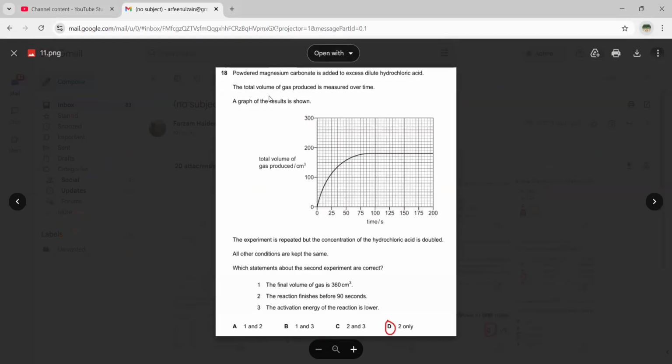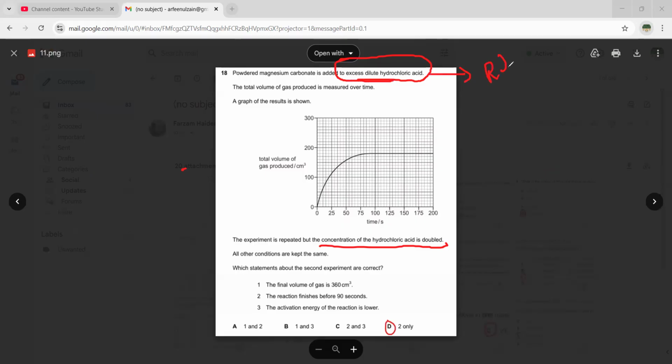In the question, powdered magnesium carbonate is added to excess dilute hydrochloric acid. The total volume of gas was measured. The graph represents the experiment. The experiment is repeated, but the concentration of the hydrochloric acid is doubled. Look, the hydrochloric acid is already an excess reagent. When you change the excess reagent, what will happen?